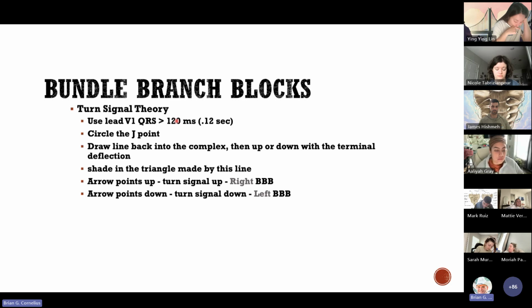Remember, the J point is where we transitioned from being in the QRS into the ST segment. And then we're going to draw a line back into the first complex that we have and figure out which way it goes. So we're going to make a little triangle out of it. If the arrow points up, right turn signal, right bundle branch block. If the arrow points down, left turn signal, left bundle branch block.